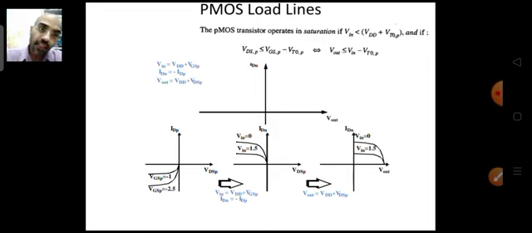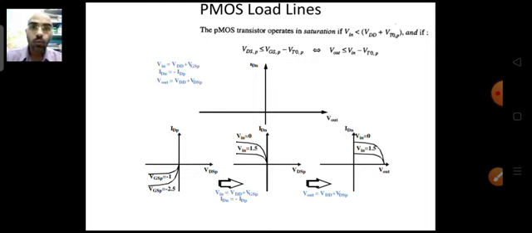You can see this in the last diagram. If we plot these values, we will get the curve in the first quadrant. This is the method to get the characteristics from the third quadrant to the first quadrant.